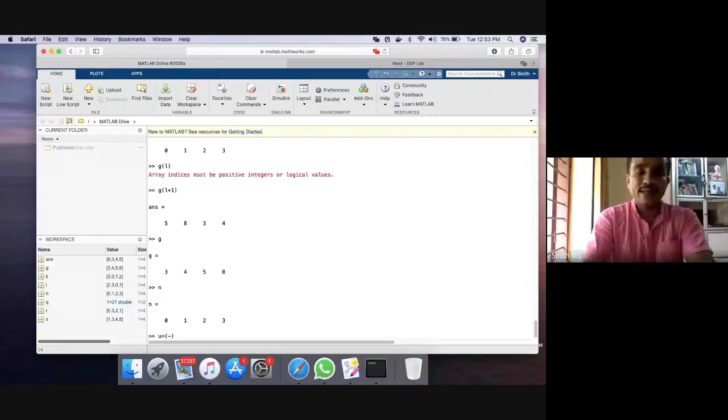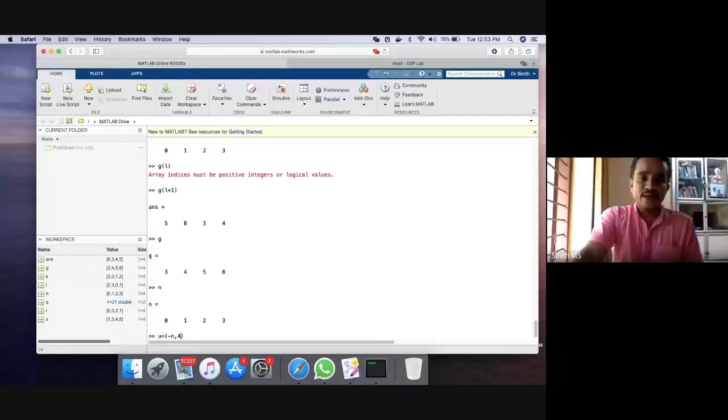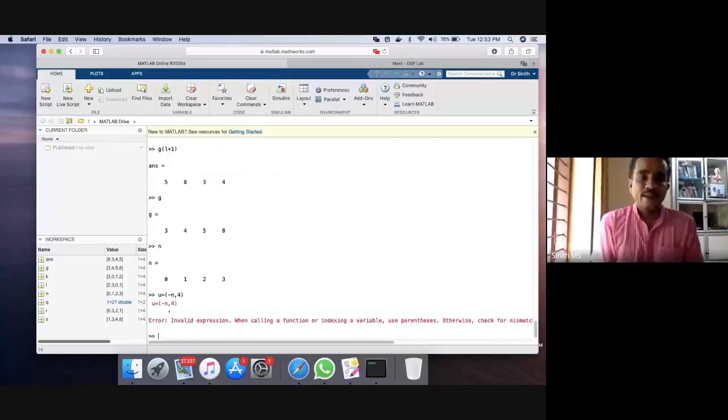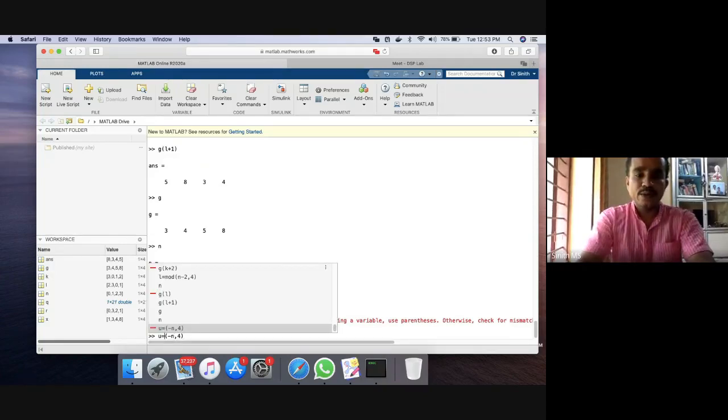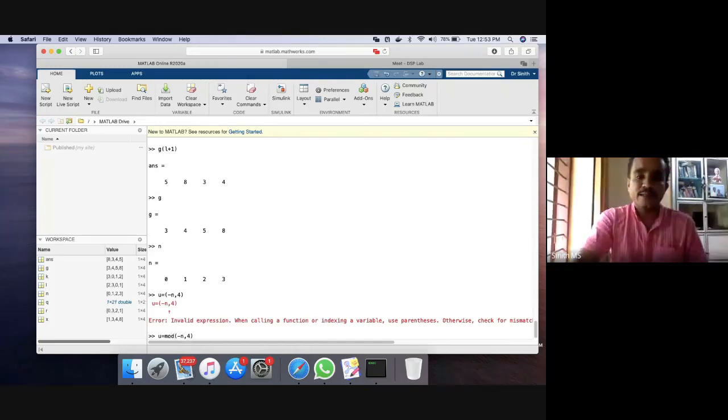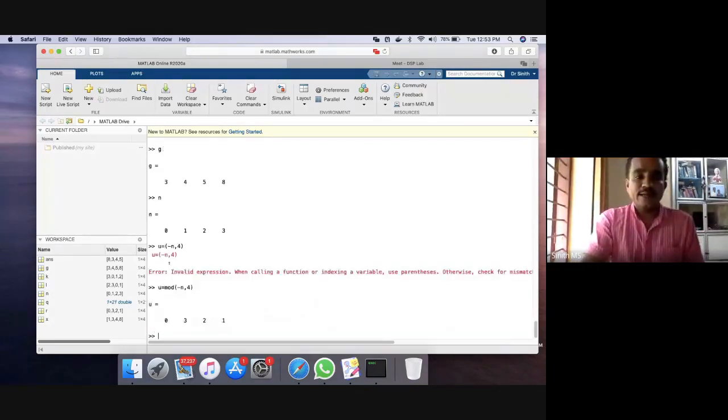That is, you are doing time reversal, minus n, comma, and mod is with respect to 4, because your frame is of size 4. So you have to give u equal to mod of minus n comma 4. So you get 0, 3, 2, 1.